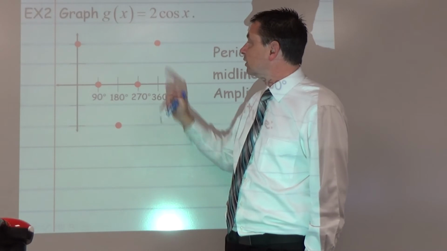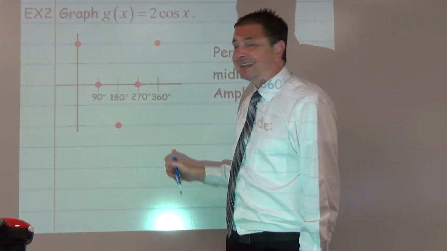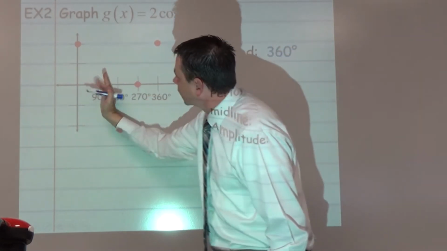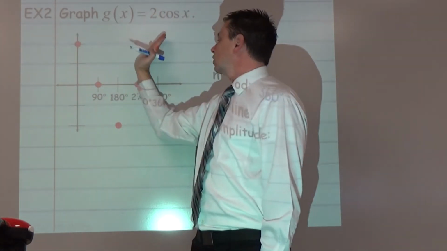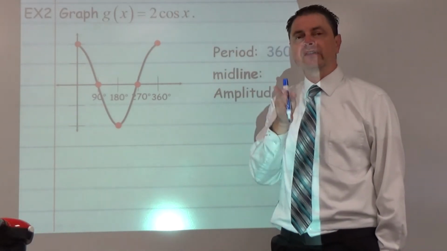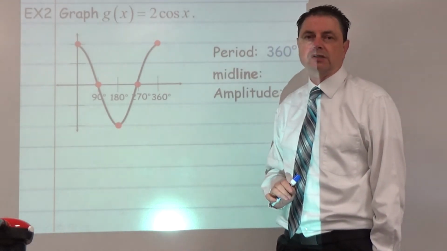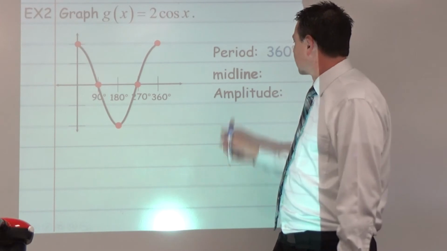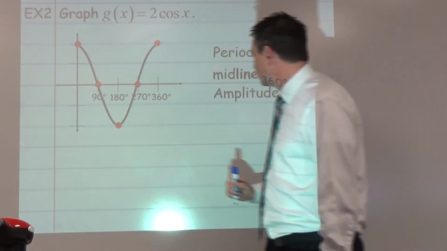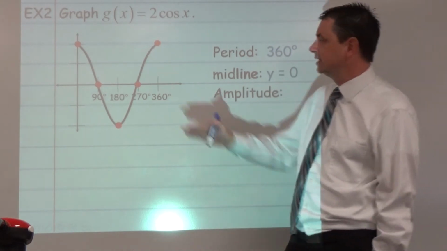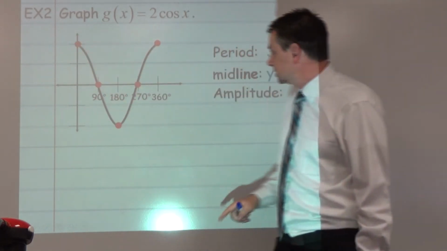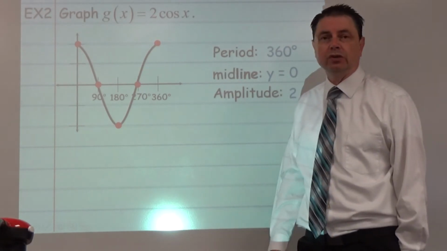We finish where we started, and again, work on drawing the curve here, curve here, curve here. Every part of it is curved, no straight parts. Midline is y equals 0. Amplitude, distance from midline to the highest point, is 2 units. Amplitude is 2.